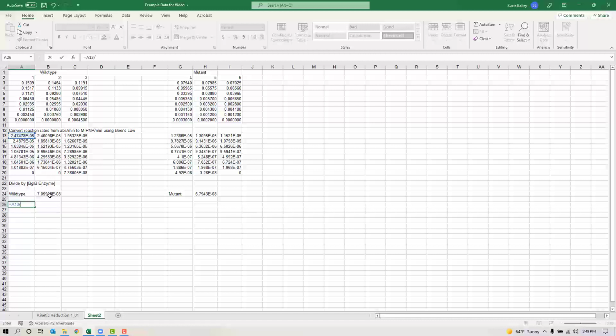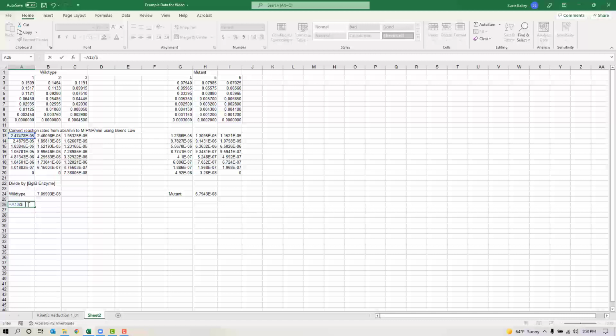Now, there are a couple of ways that you can do this. You can either just type this number in manually, because all of these are going to be divided by that number, or you can tell Excel, I want you to use the value in this cell for the divisor for all of these calculations that you're about to do, by using the $ to lock in column B and row 24.